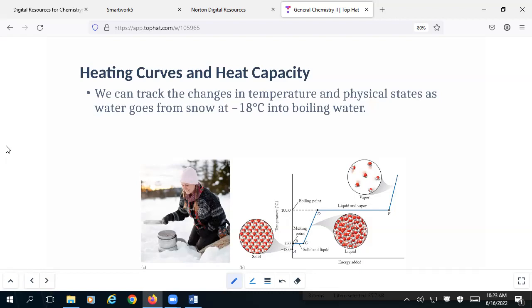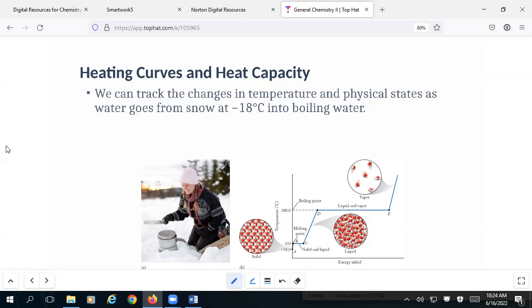What it is showing is that this process of conversion requires several different stages of heating. Now, if you just take snow and put it into an Erlenmeyer flask and heat it on a Bunsen burner, you're not actually going to see all of these as distinct steps.